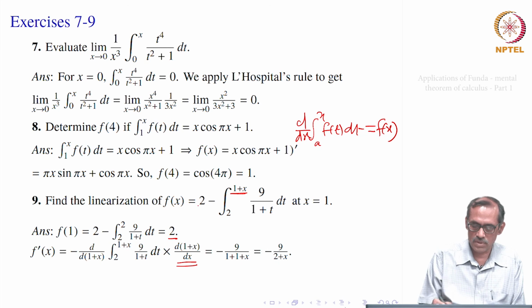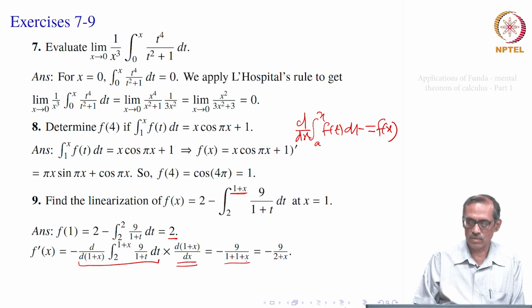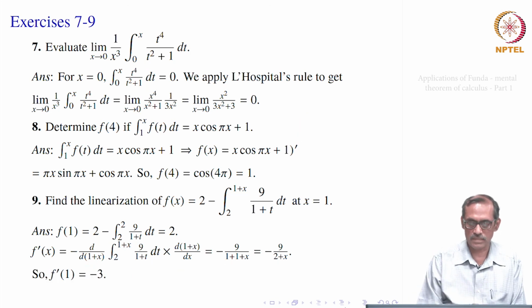So, that gives the derivative of 2 is 0 with respect to x, and the derivative of this integral is the derivative with respect to 1 plus x times the derivative of 1 plus x with respect to x. And when the top limit is 1 plus x, that gives you f of x, that is 9 divided by 1 plus, in place of t it will be 1 plus x, right. So, that is what the answer is, minus 9 by 2 plus x.